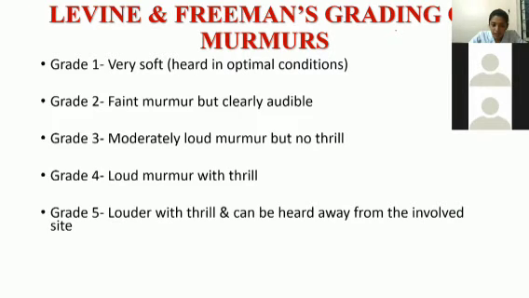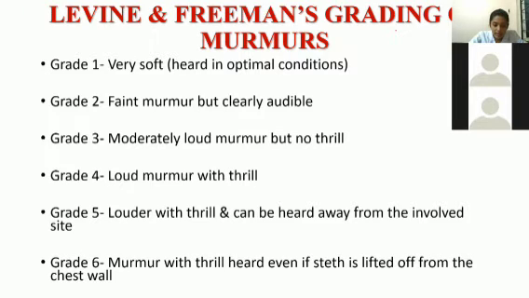And in grade 5, louder with thrill and can be heard away from the involved site. So even if you place the stethoscope away from the involved site, anywhere in the chest, away from the heart, we can hear that murmur. This is a severe condition.